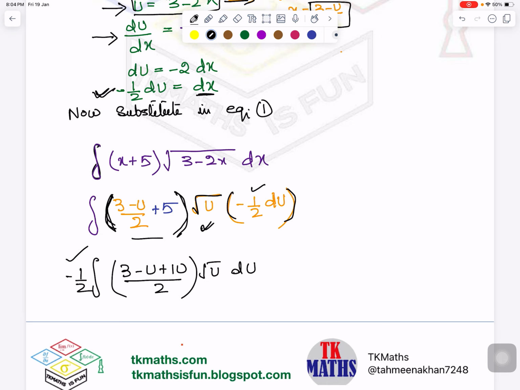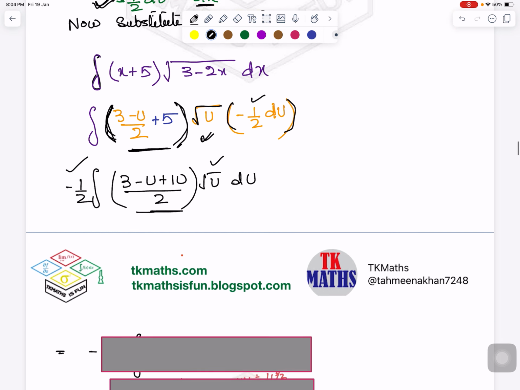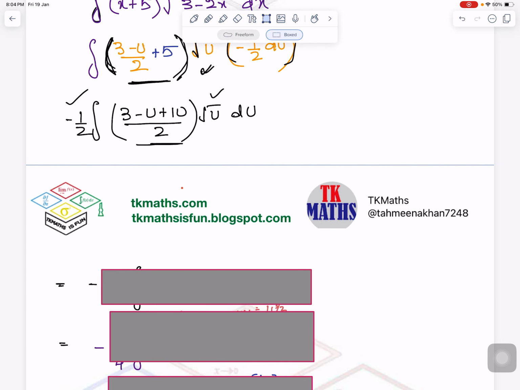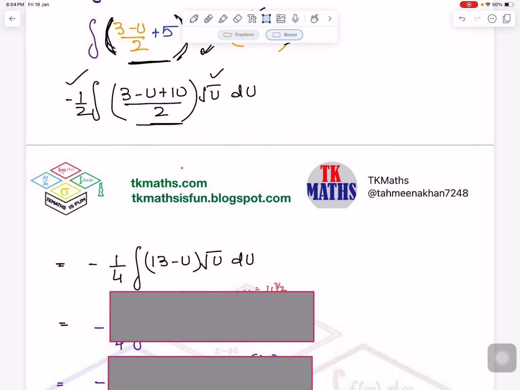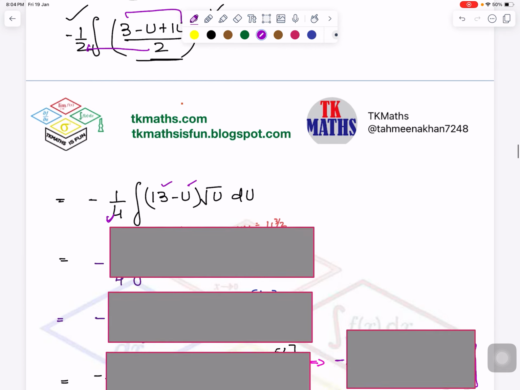After that, I have taken LCM here to simplify it. Under root u, I'm writing here as it is. So 3 plus 10 becomes 13. I've written 13 minus u, and this 2 has also gone out, and that's why it became 4. After that, what will I do?